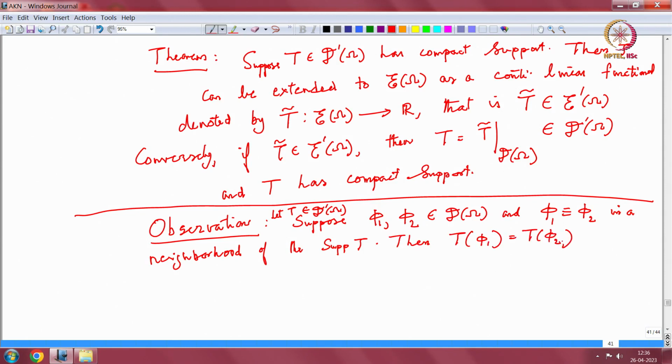That means you have your domain omega and you have the support of T, no compactness or anything, and then you take any neighborhood, how big does not matter.